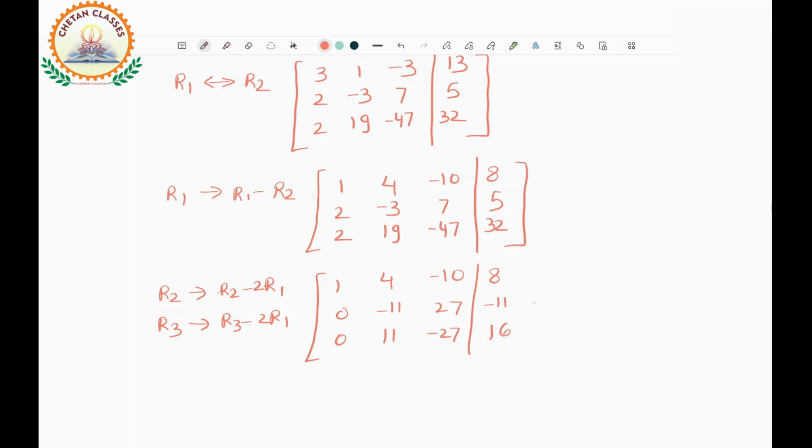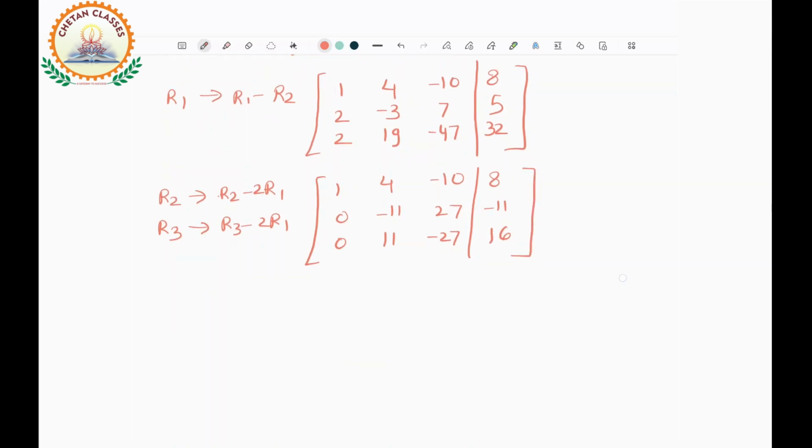So we get 1, 4, -10, 8 as it is, then 0, -11, 27, -11, and 0, 11, -27, and 16. Now R3 tends to R3 + R2. So we get 1, 4, -10, 8 as it is, 0, -11, 27, and 0, 0, 0, and here 5.